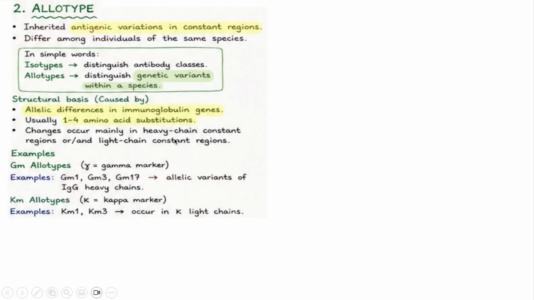If we talk about examples, we have GM allotypes on the gamma heavy chain. So we have different GM allotypes like GM1 sequence, GM3 sequence, GM17 sequence. All these 3 sequences are the allelic variants of IgG heavy chains. Similarly, on the light chains, we have KM allotypes, in which K stands for kappa marker. So we have KM1 sequences and KM3 sequences, which occur in the kappa light chains.